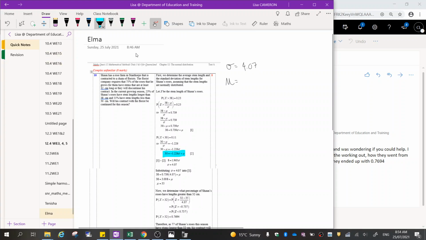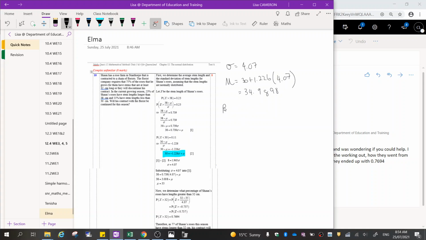So our mean is 30 plus 1.226 bracket 4.07, which gives us 34.9898. Okay, so now we've got some information and we've got something that we want to test.